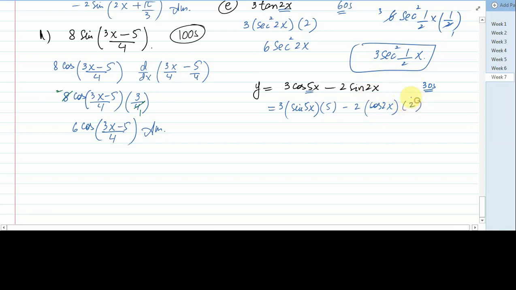And there is one sign mistake: the derivative of cos is minus sine. Now when you multiply, it will be 3 5s are 15 sine 5x with the negative sign, minus 4 cos 2x. So that is your answer for this example.